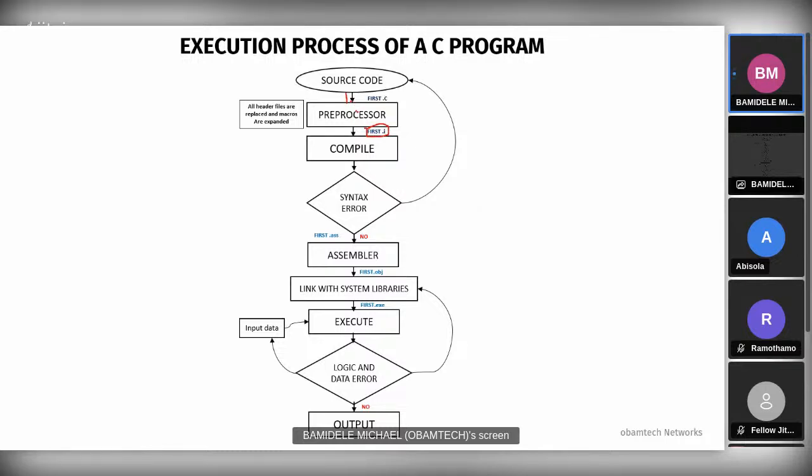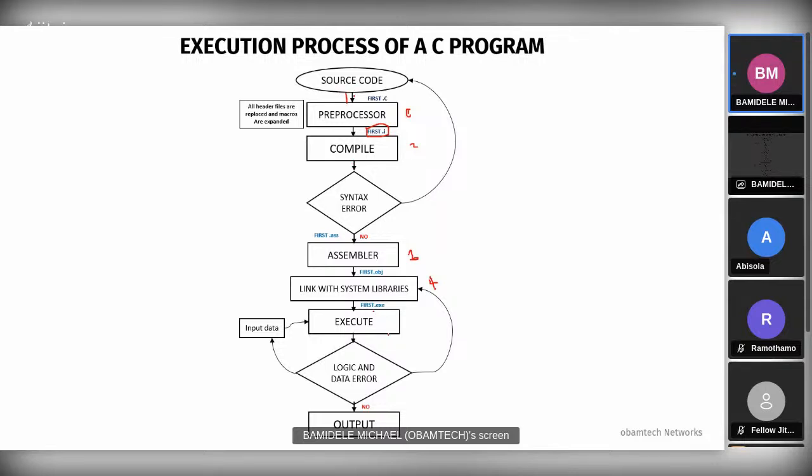Now remember, the C source code undergoes four stages of compilation: one, preprocessor; two, compile; three, assembly; and four, linking, before it generates the output, that is the executable file.